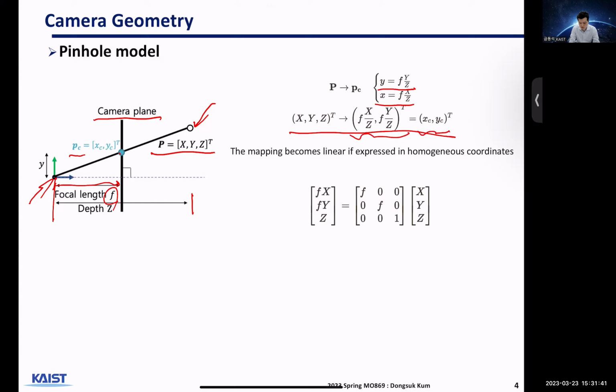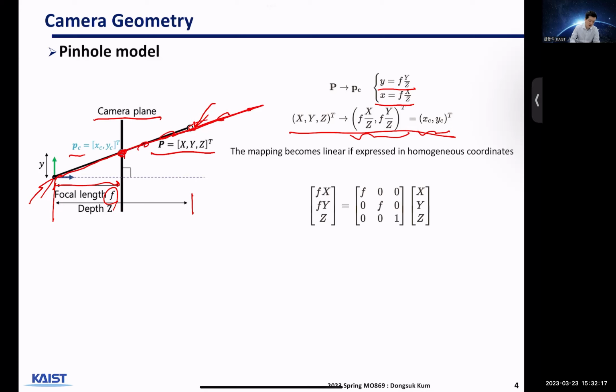I say it's proportional because this is projected onto a 2D plane, and we don't exactly know the distance. What that means is, geometrically speaking, any point on this line would project onto this PC.